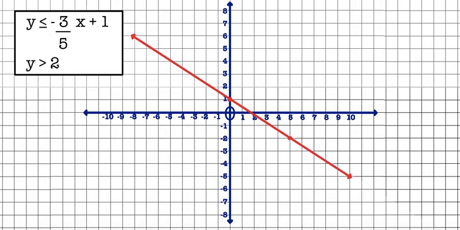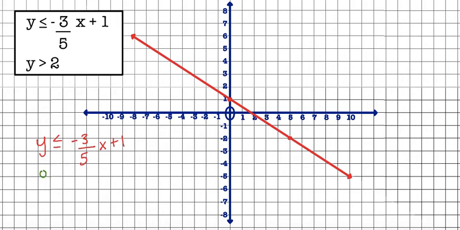All right, so once we have that line plotted, all we have to do is test our coordinates. And again, I'm going to use 0, 0 since that's the easiest coordinate that we could use. So y is less than or equal to negative 3 over 5x plus 1. And now we're going to substitute our x and our y for 0.